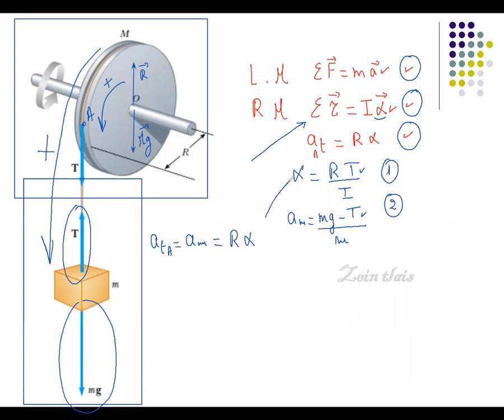We can use alpha here. We can say AM equals R times alpha, RT divided by I, which is equal to T R square divided by I. This is the third relation. Okay, so we can say AM equals TR square divided by I.